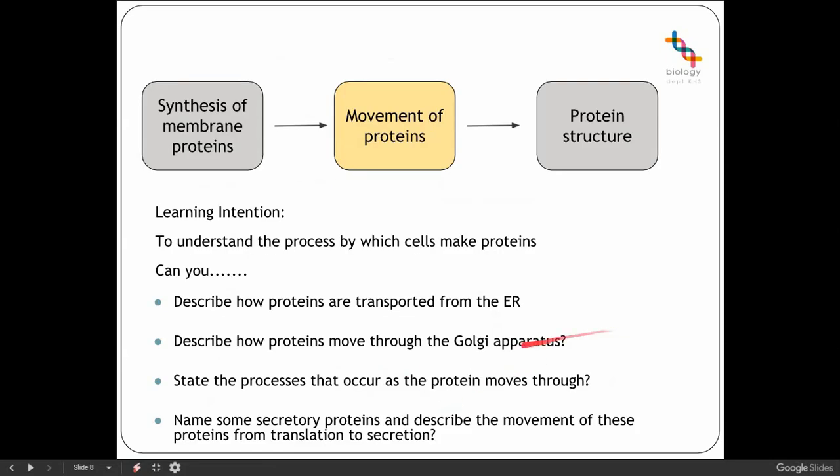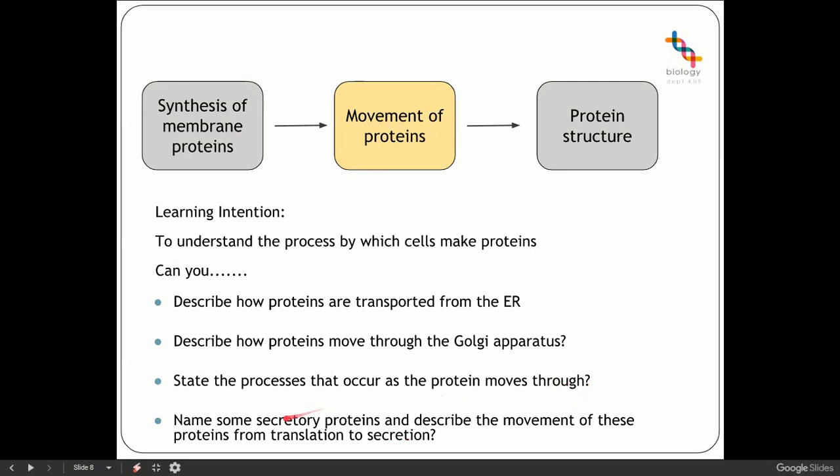So from that, you should be able to say that proteins are transported from the endoplasmic reticulum in vesicles, that proteins move through the Golgi apparatus by moving from disc to disc through the transport vesicles, and the processes that occur as the protein moves through would be post-translational modifications, including the addition of sugar molecules or carbohydrate molecules to the protein.